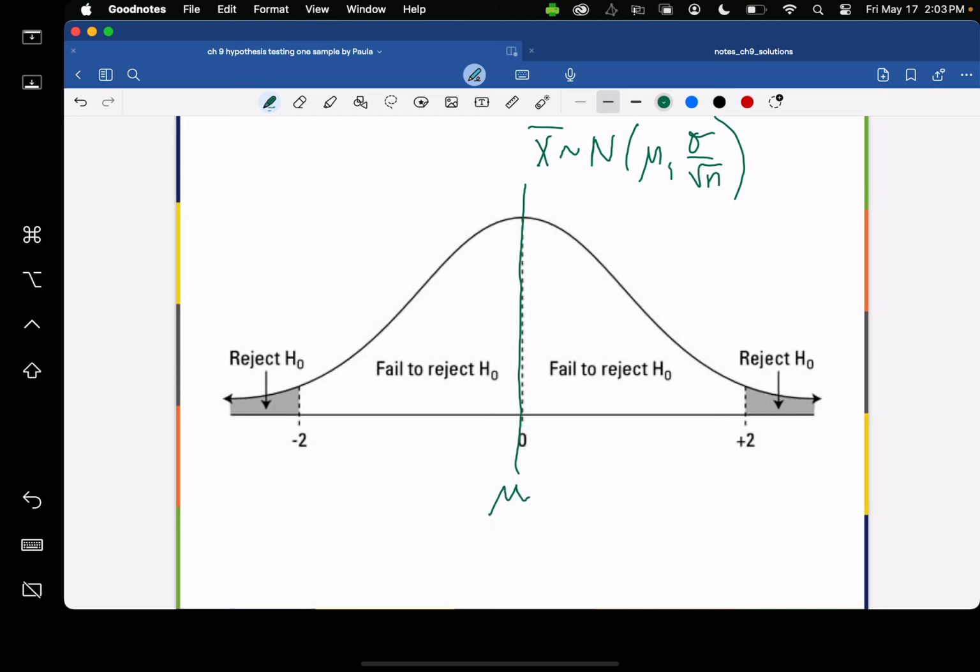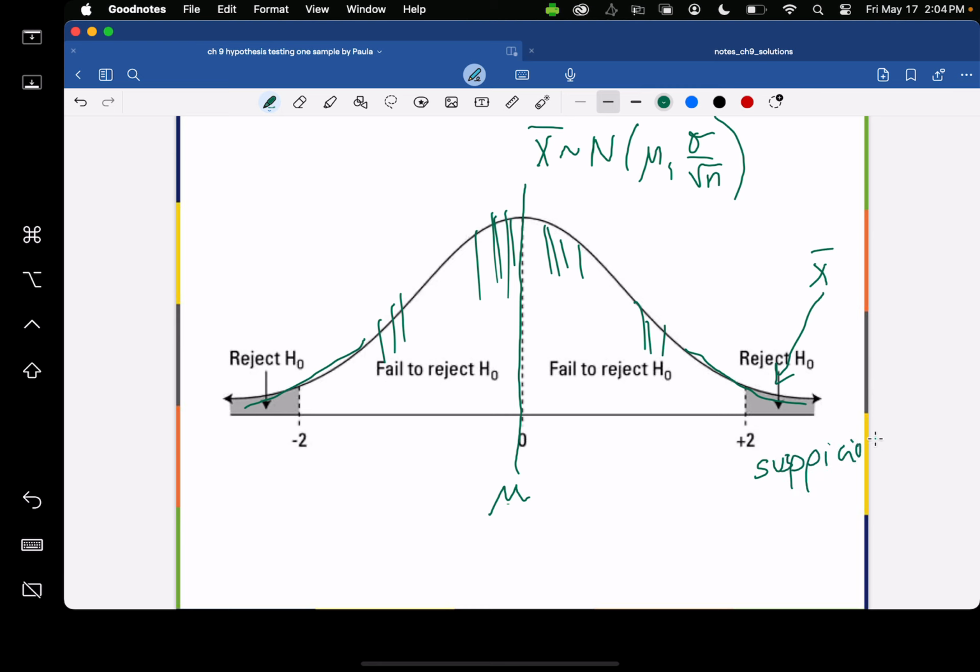We would expect that the sample means are pretty close to the population means, but they might be a little bit below or a little bit above, a little lower or a little higher, but they're really unlikely to get too far away from the population mean. So what happens is that when we start getting an x bar over here, we get suspicious. We're like, that's too far away from mu. So over here is when we get suspicious.